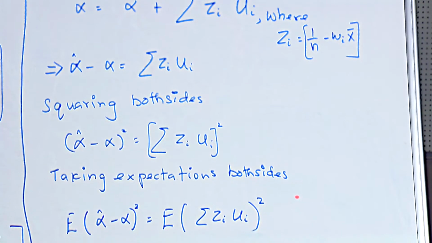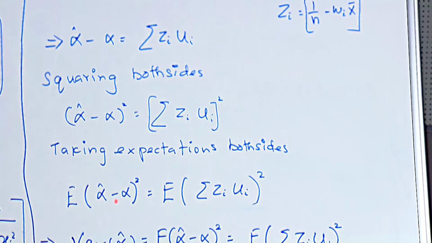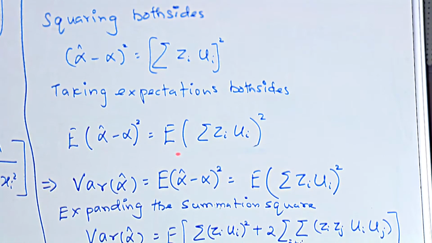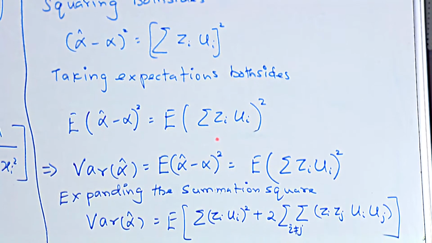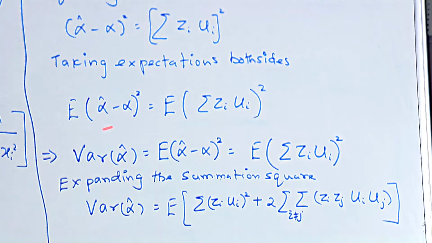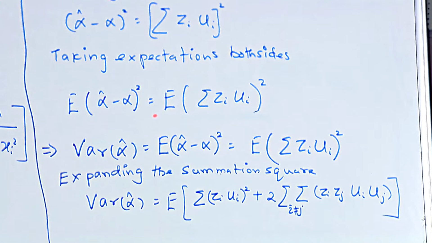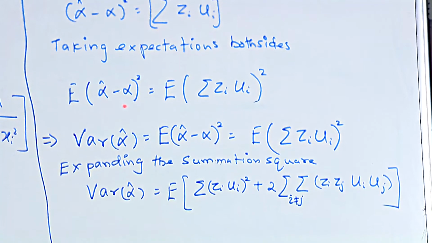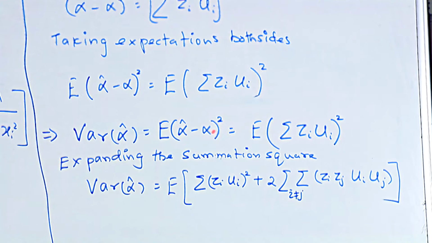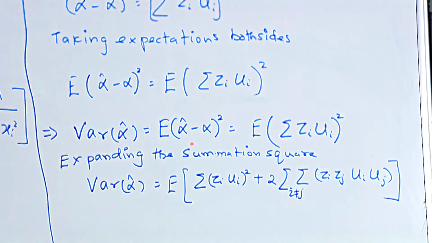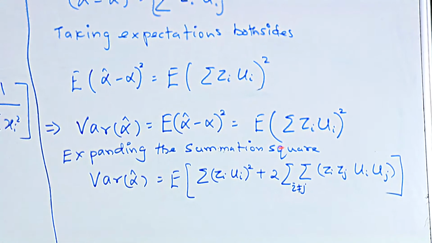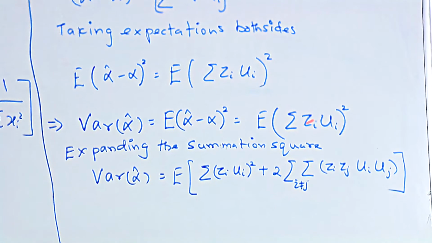Taking expectations on both sides, we get expectation of (alpha hat minus alpha) whole square is equal to expectation of (sigma zi ui) whole square. We already know the expectation of (alpha hat minus alpha) whole square is the variance of alpha hat, so variance of alpha hat is equal to expectation of (sigma zi ui) whole square.